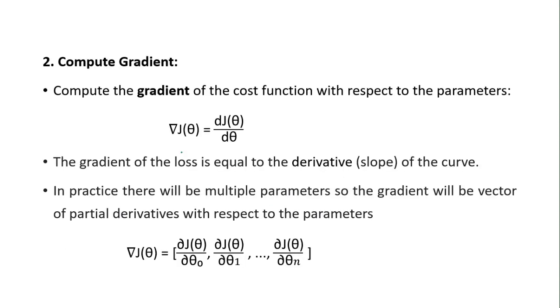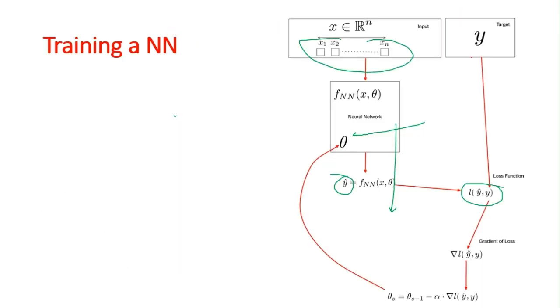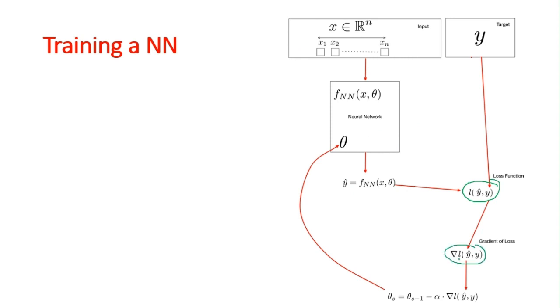Now the second step is compute the gradient of J of theta, that is delta of J of theta. So this I have already presented here in this diagram. See, we have the loss function here. Now we need to take the gradient of the loss function. Here the loss function I have represented by L of y cap comma y.